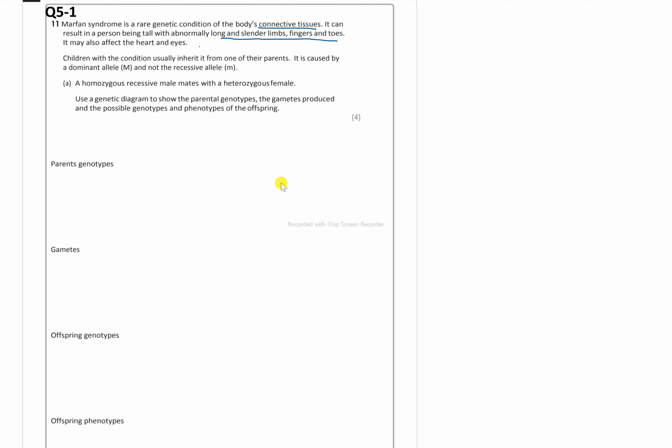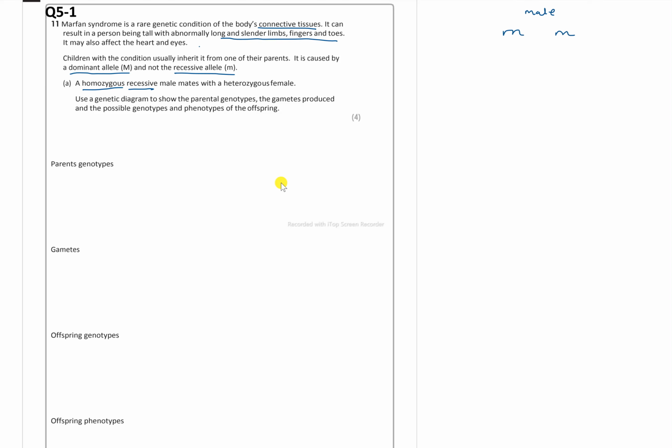It is caused by the dominant allele M, not the recessive allele m. A homozygous recessive, right? So that means homozygous is the same and it's recessive, so it'll be two small m's.